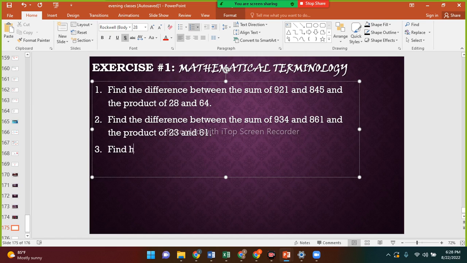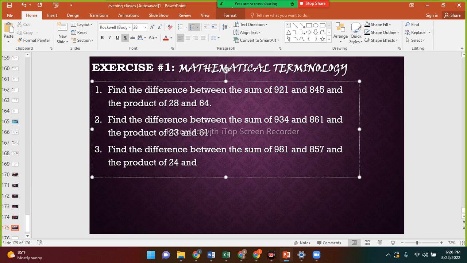And finally, find the difference between the sum of 981 and 857 and the product of 24 and 63.